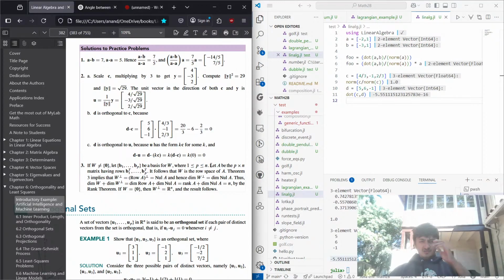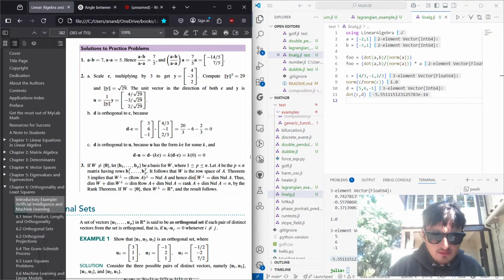So the proof is: let A be the P by n matrix having rows. Okay, so first off, we'll just say the dimension of W is P.